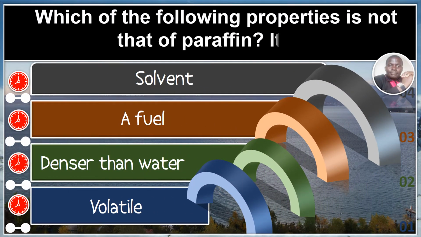Which of the following properties is not that of paraffin? It is denser than water.